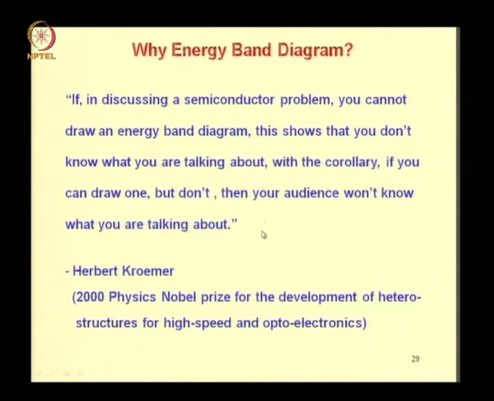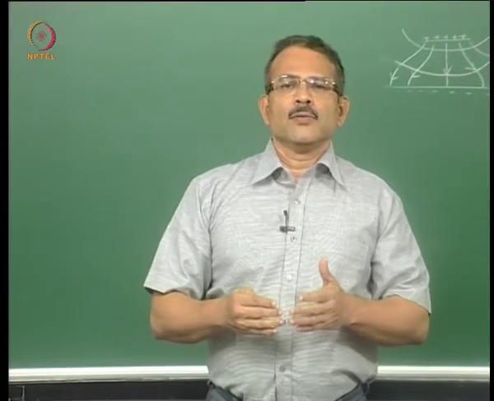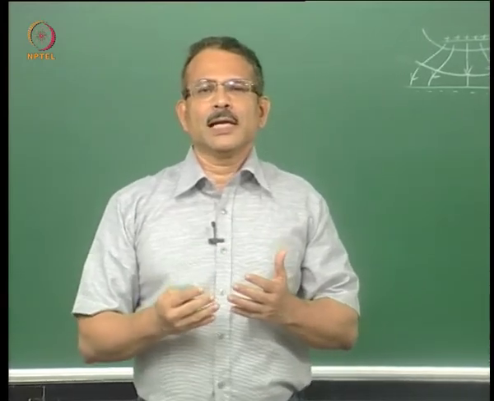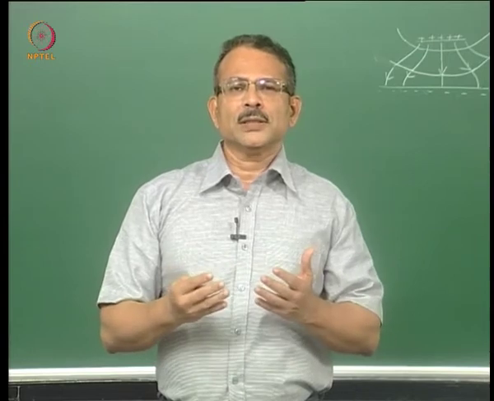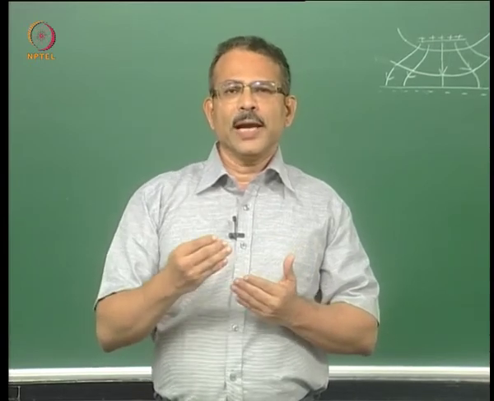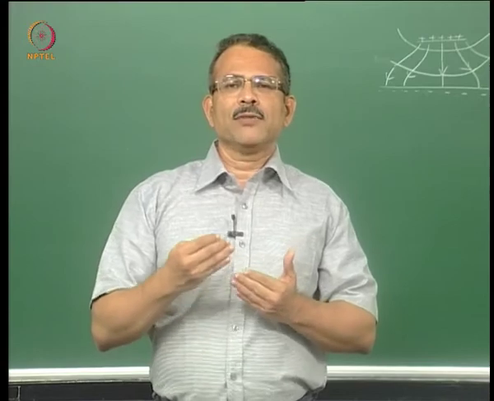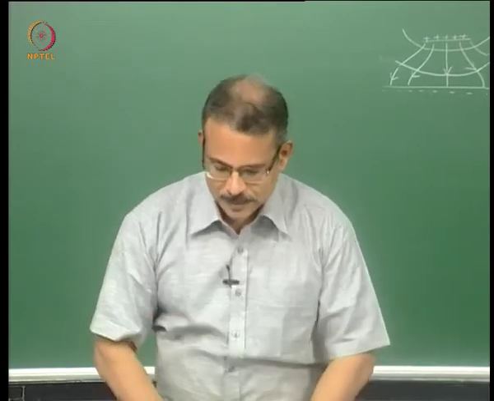With the corollary, if you can draw one but do not, then your audience will not know what you are talking about. So the energy band diagram of a semiconductor device is really very important to understand the device operation and also to communicate your understanding of device operation to others.